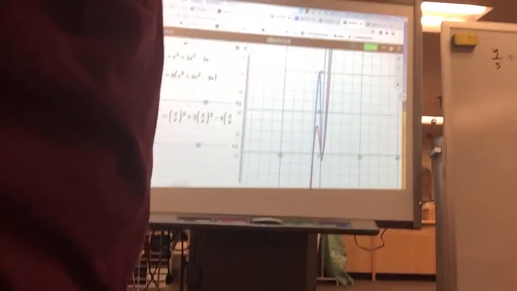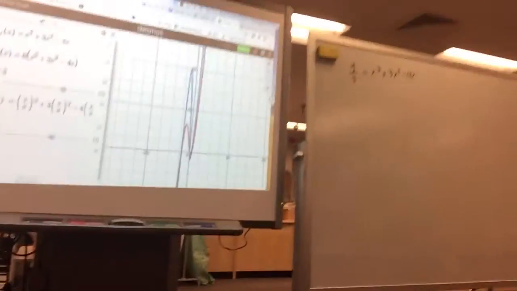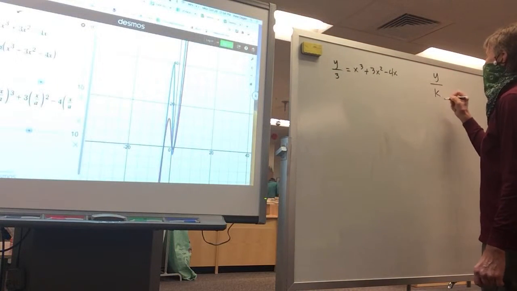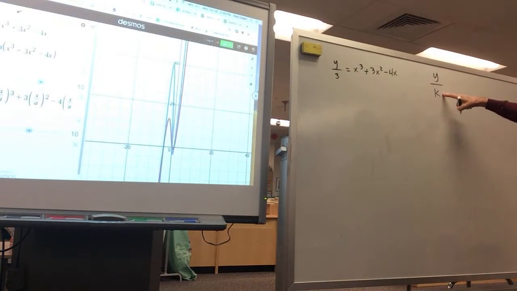Now, if we think of that 3 as a k, we can now say, when we divide by k, that k value ends up being a vertical shift. When you divide by 3, you make it 3 times higher or lower.